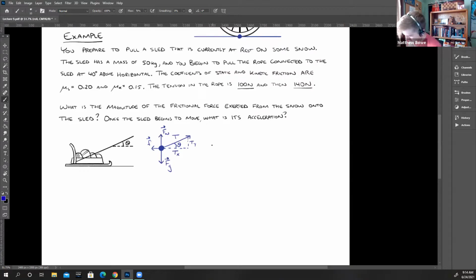Okay, so what I'll have at the top, I'm going to have to slide the question down so I can write in the free space. Something that we could check is, does the horizontal force make the sled move?